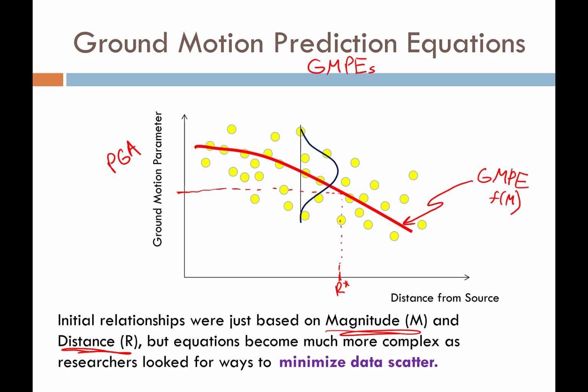So you can see how all this data is scattered around my best fit line. And so there's uncertainty with my prediction. But if I can process this data and filter it and add more complexity and more variables in an attempt to tighten up that data around my relationship, then I have more confidence in my ability to predict the ground motion from that future earthquake.